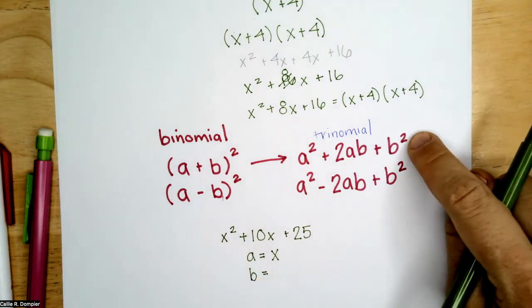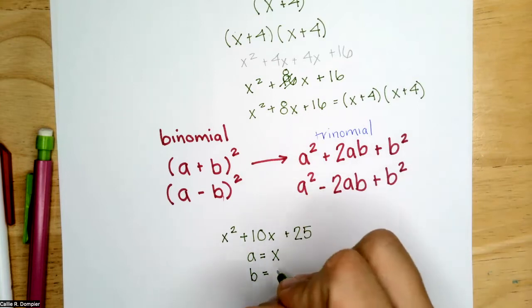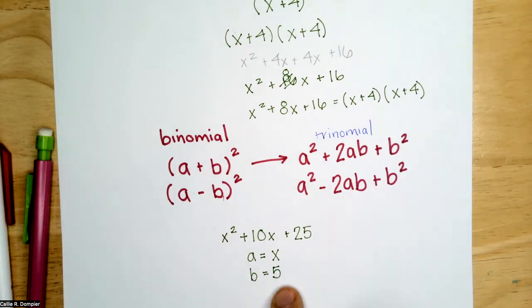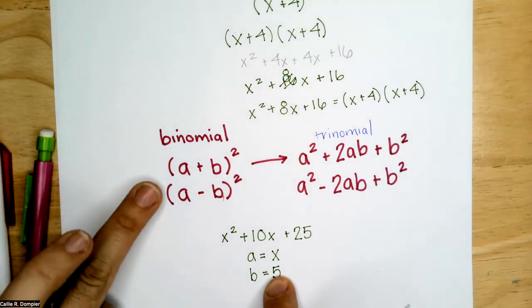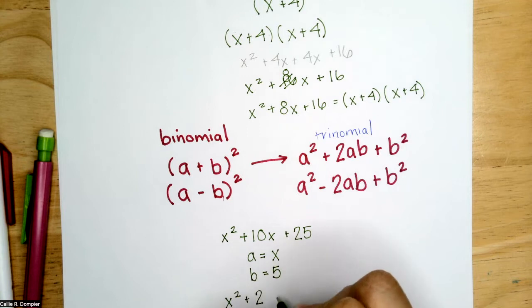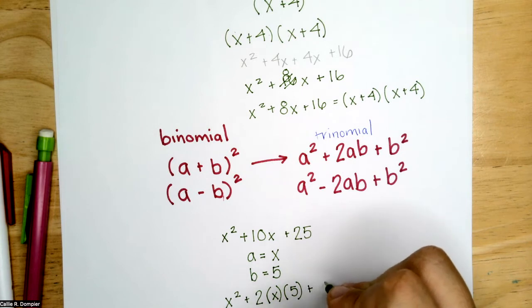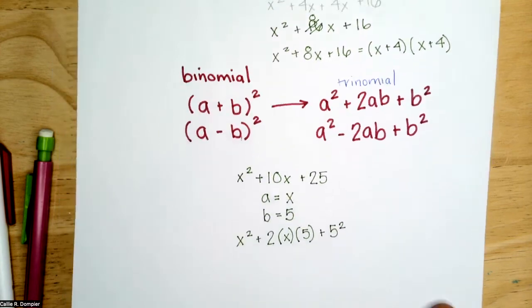B is the square root of 25. The square root of 25 is 5, right? A is x, b is 5. Those are all our variables. So is it true that x squared plus 2 times x times 5 plus 5 squared will give me that?